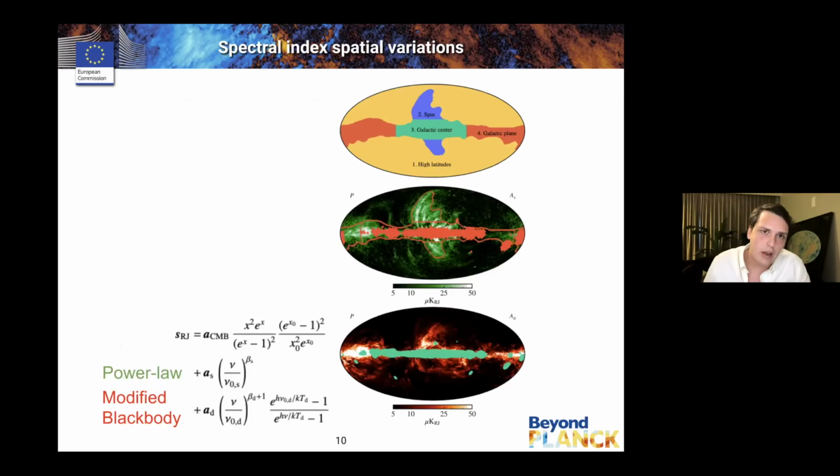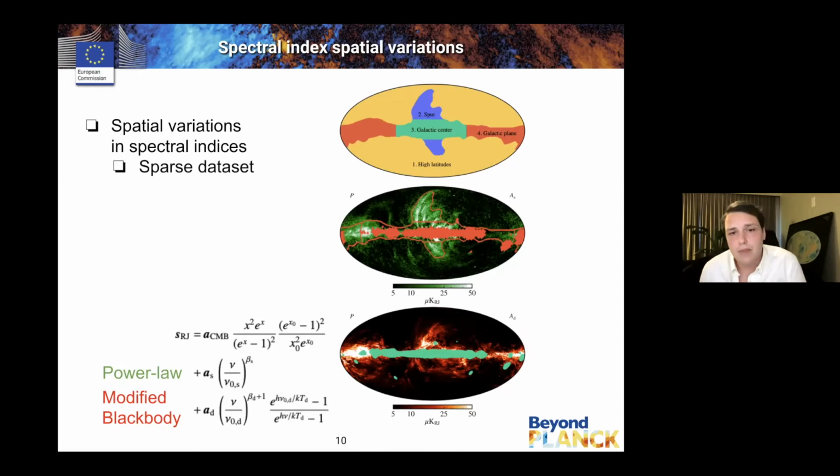So spectral index spatial variations is an interesting thing when dealing with foreground studies, and in doing this, we again emphasize that our data set is quite sparse. We would in principle like to sample these spectral indices per pixel at the highest possible resolution, but our data set doesn't allow that.